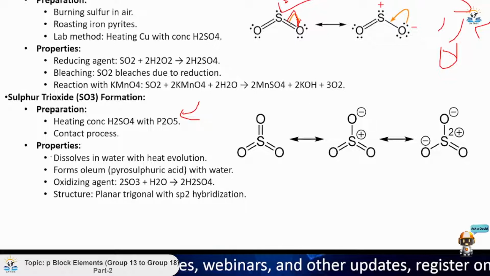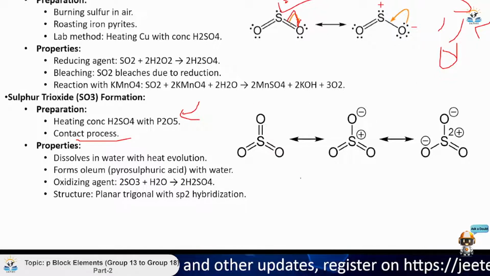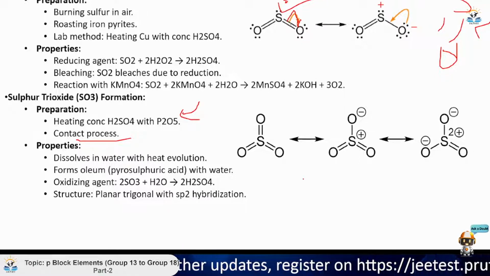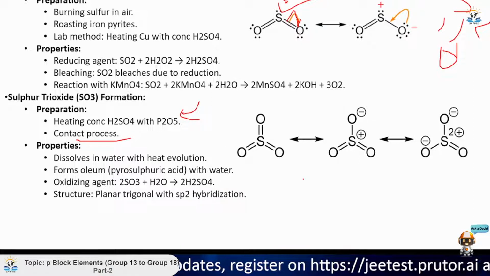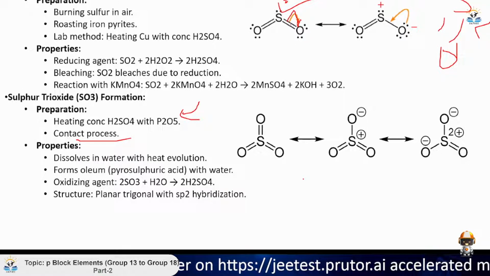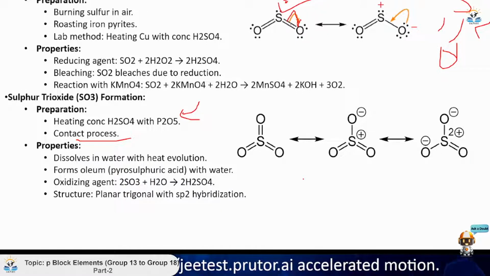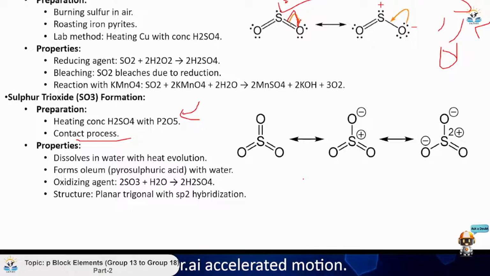And where is that obtained? In the contact process. And where is the contact process used? The contact process is primarily used for the preparation of sulfuric acid, right? We know that, and we'll be discussing it in a bit. So just keep in mind that this is prepared as a byproduct in the contact process. Okay, we will see about it later on.